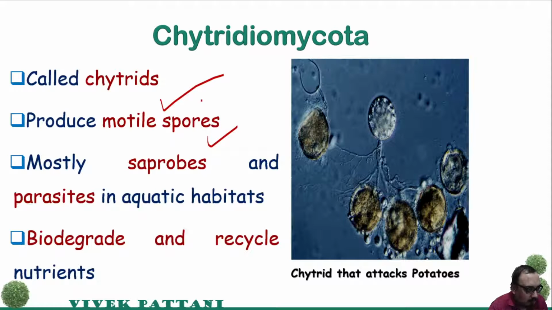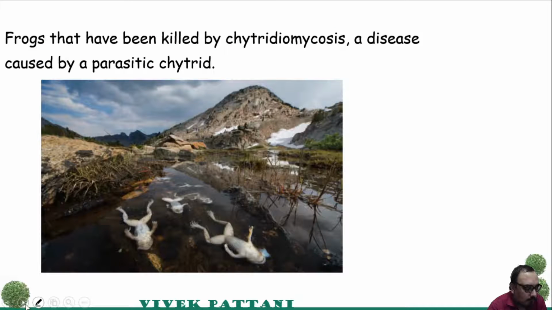Mostly they are saprobes, and some are parasites in the aquatic environment, and they biodegrade and recycle nutrients. This is a chytrid which attacks potatoes. Now some other examples of chytrids also.